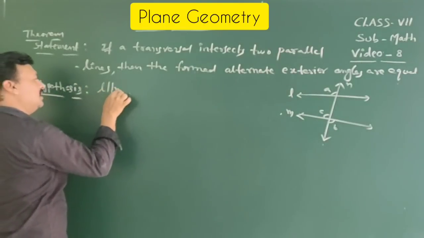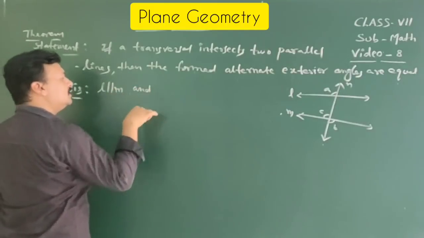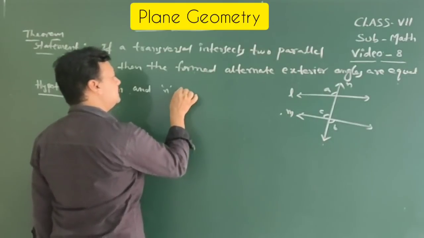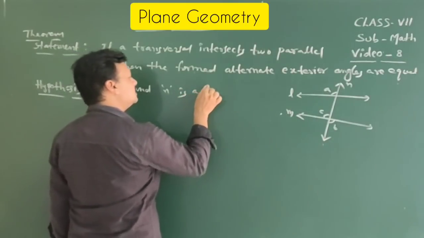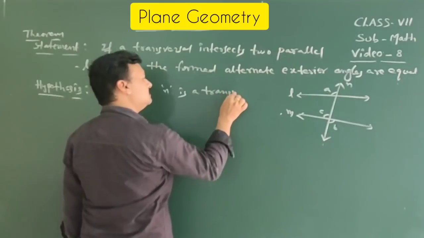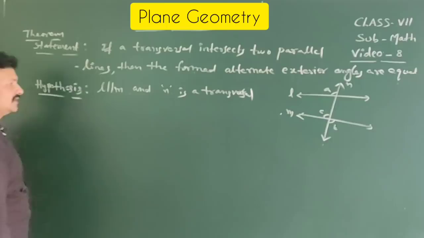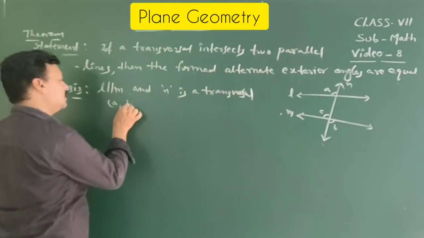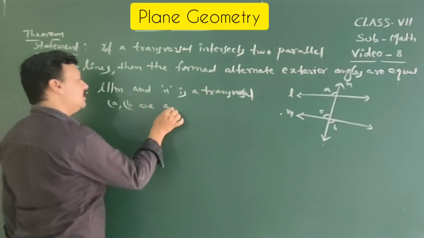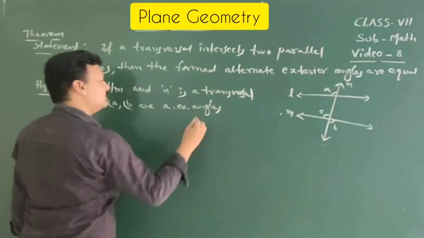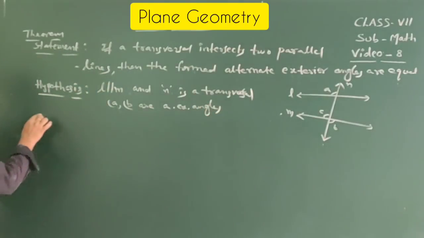Here hypothesis: L is parallel to M and N is a transversal, and angle A, angle B are alternate exterior angles.